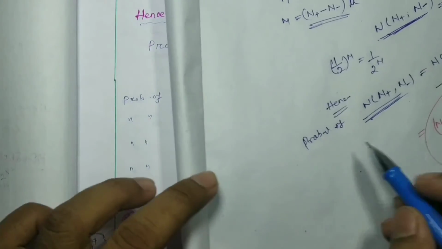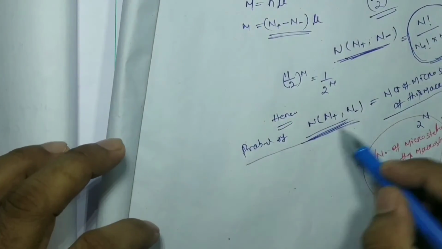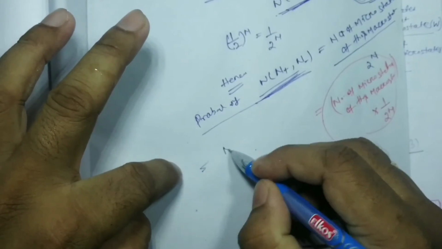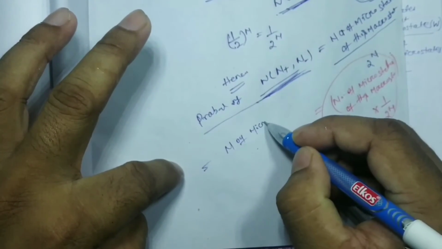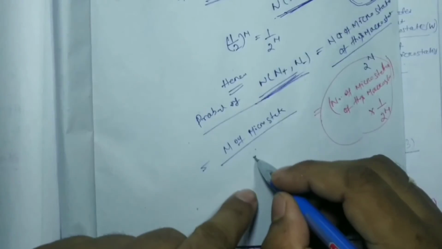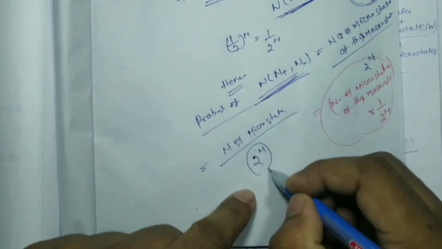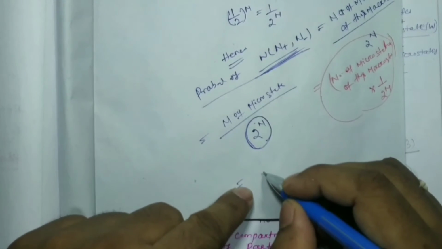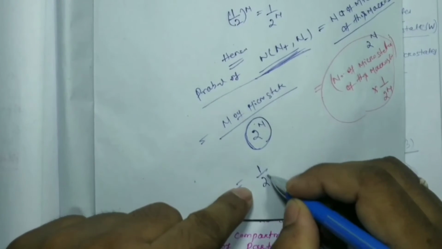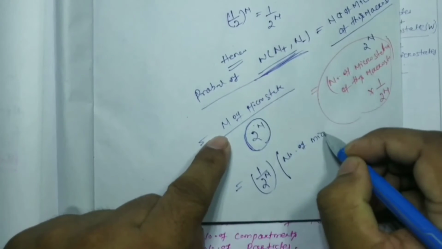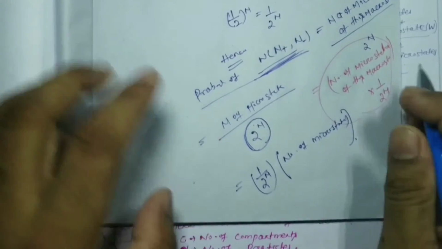Similarly for this case, the probability of this macrostate will be the number of microstates divided by how many energy states? 2 to the power N. This is the total number of microstates, or you can say the total probability, that is 1 by 2 to the power N, into the number of microstates.